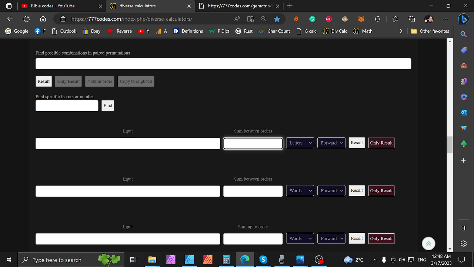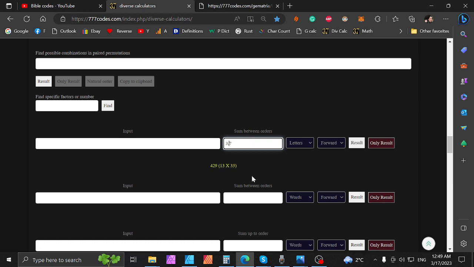Letters. I'm Norwegian, by the way, so I have a lot of vocal errors, let's just say it like that. So here I can add all letters from 3 to 7. You just separate the orders with a comma, and it will give me the result.